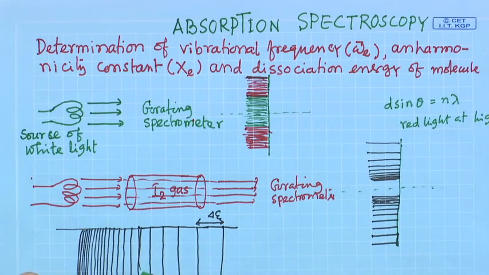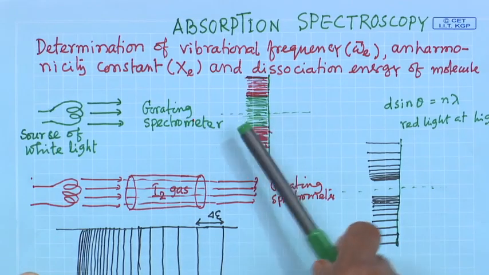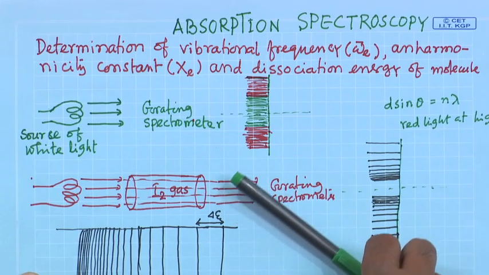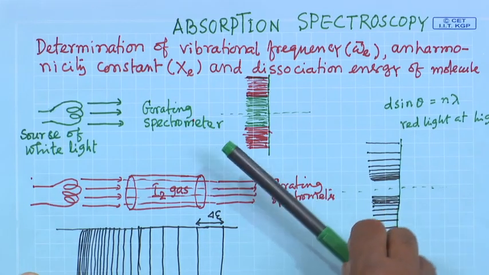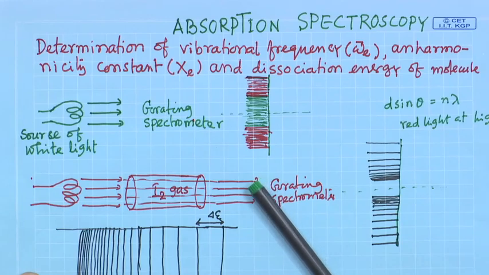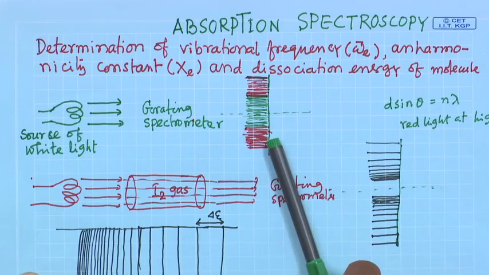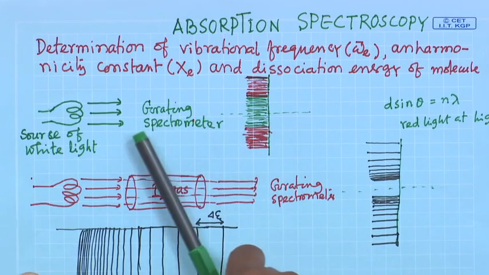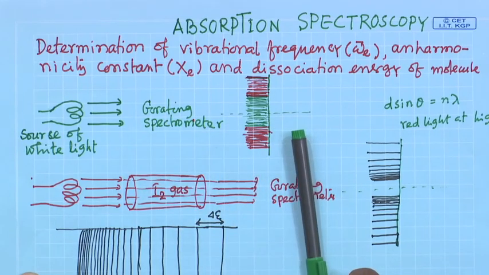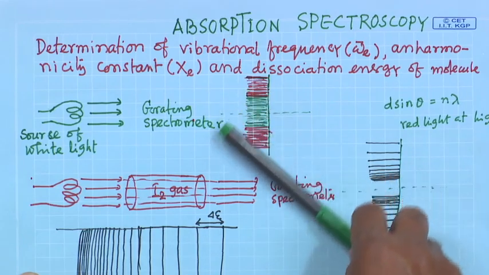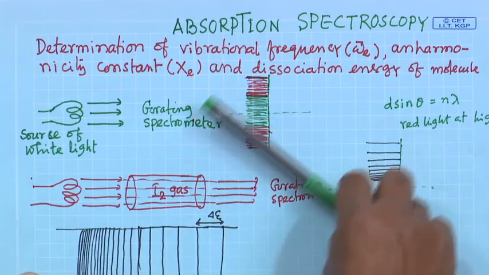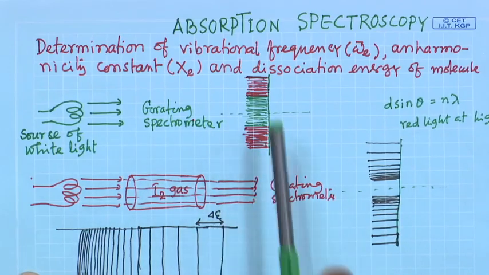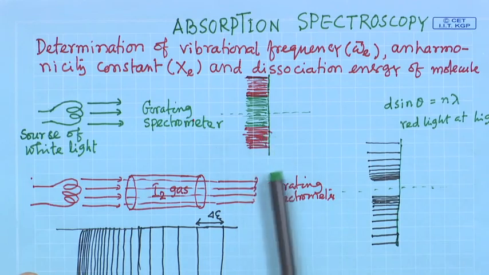You will get spectra of different colors, but not lines, because all wavelengths are available. Only you will get the distribution of color, meaning the whole space will be illuminated, but the colors are separated. This type of thing you will get.